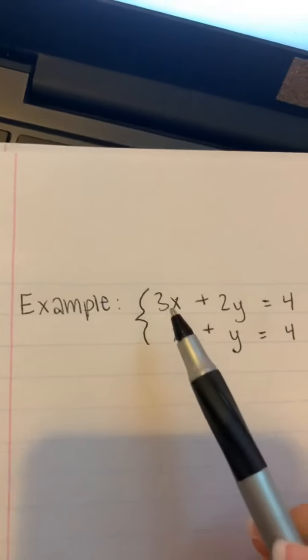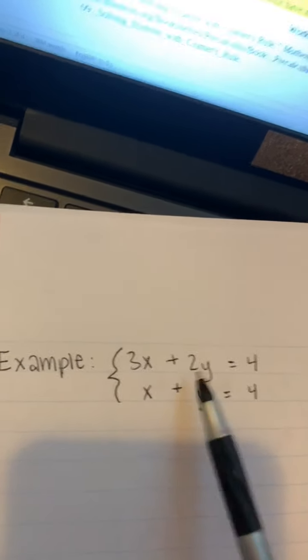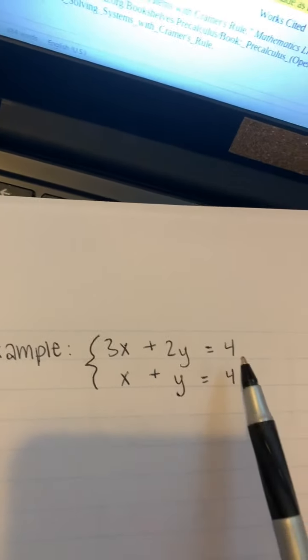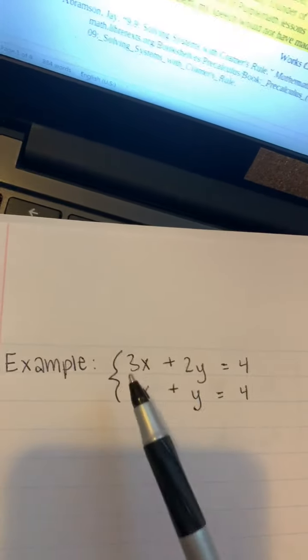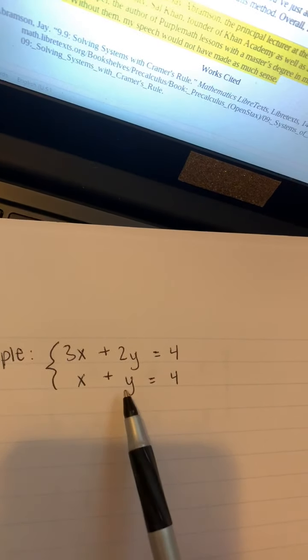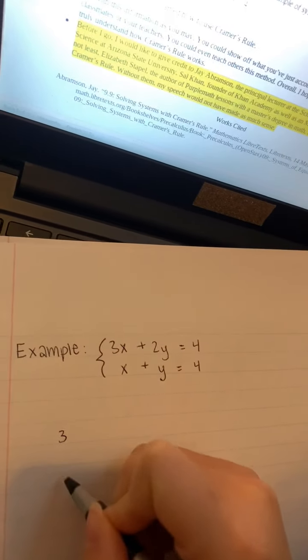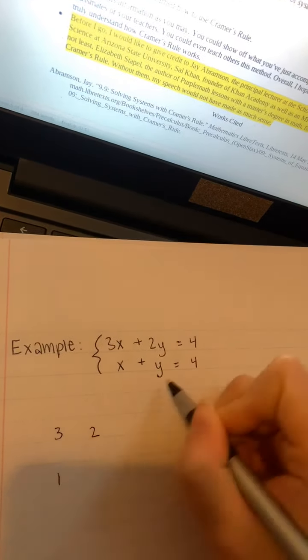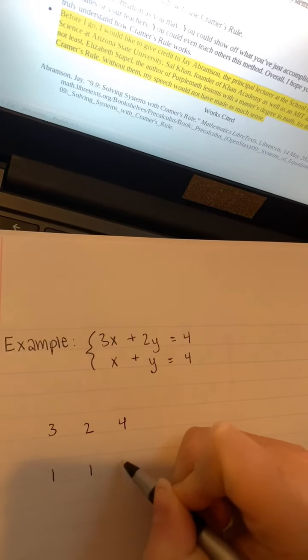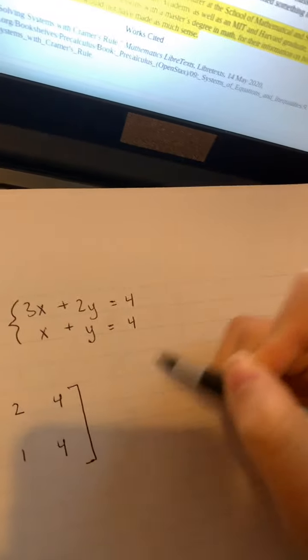So 3 here is a1, 2 is your b1, and 4 is your c1, and that'll be your a2, b2, and c2. Here is the expanded matrix form.